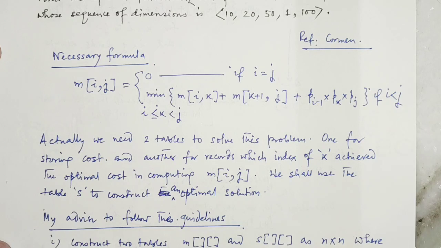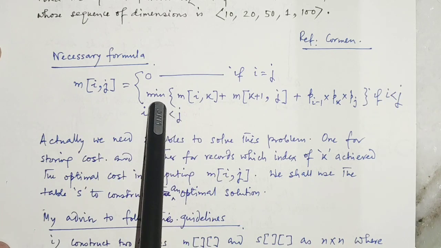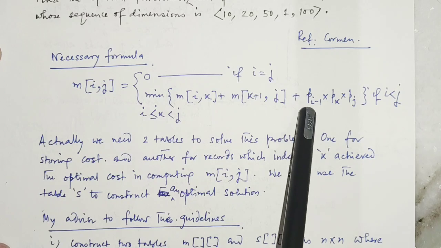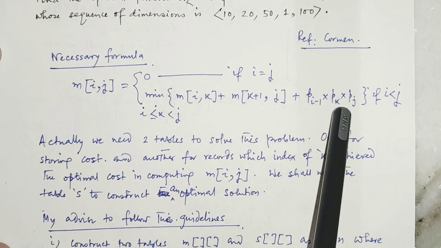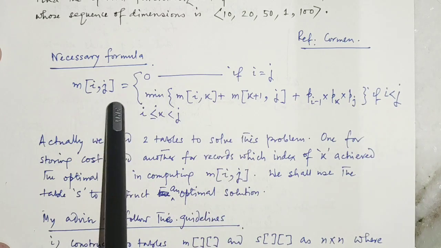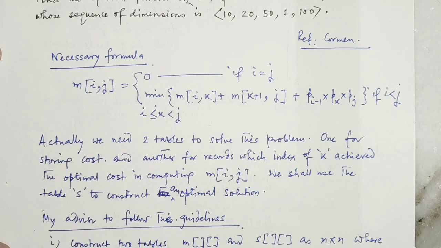So actually it is called scalar multiplication, and our main objective is to find the minimum cost. That's why it is written as minimum of m of i k plus m of k plus 1 comma j plus p of i minus 1 into p of k into p of j if i is less than j. That means in this table of m of i j we will use only the upper triangular half.